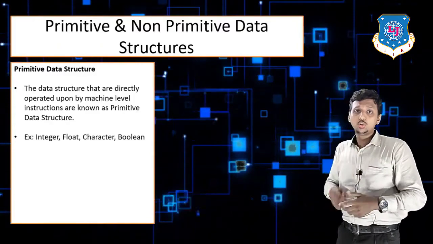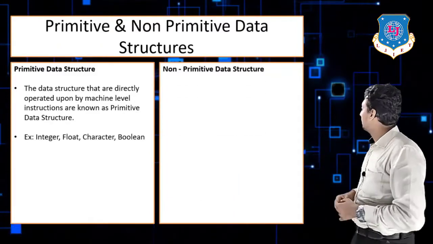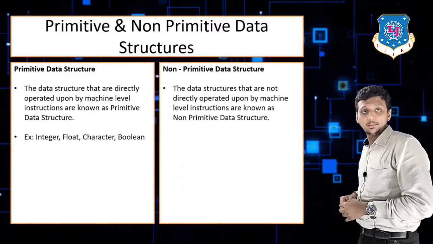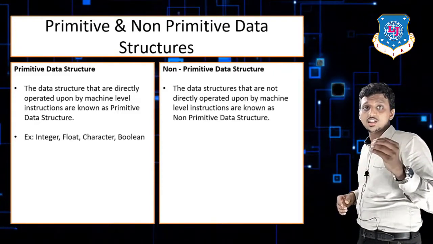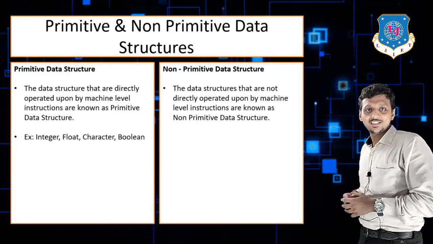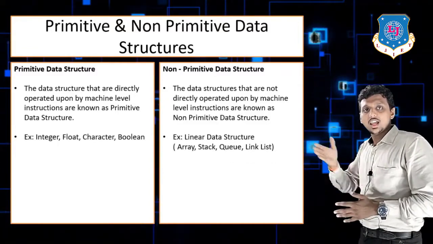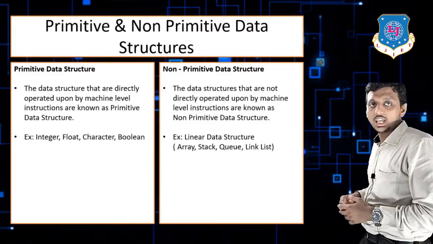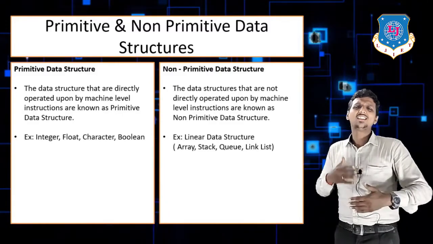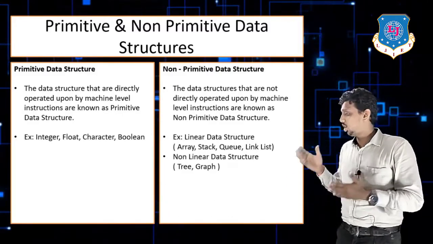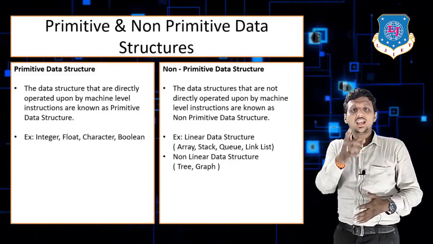Now, what do you mean by non-primitive, sir? Here, the non-primitive data structure means the data structure which is not operated by machine level instructions, right? So the types of non-primitives are linear and non-linear. Linear data structures are like array, stack, queue, linked list. In non-linear, we get tree and graph.